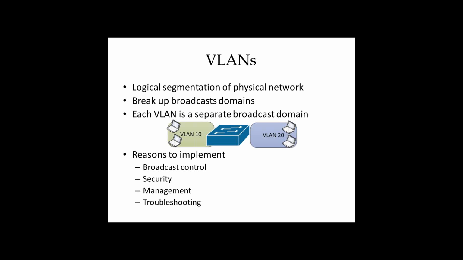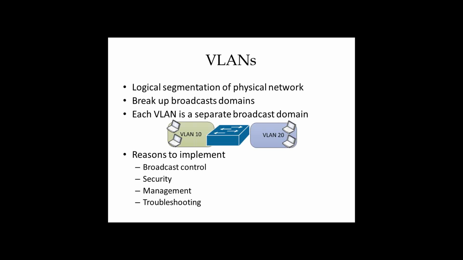If you see the picture there, I've got a couple machines in VLAN 10 and a couple machines in VLAN 20. Say if I've got multiple machines in VLAN 10 and a broadcast is sent out, it's only going to be received by all the machines in that VLAN. The ones in VLAN 20 won't see anything at all.